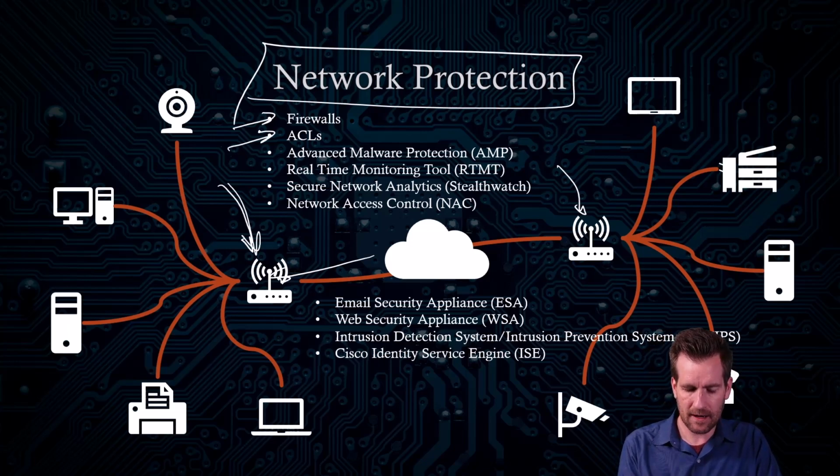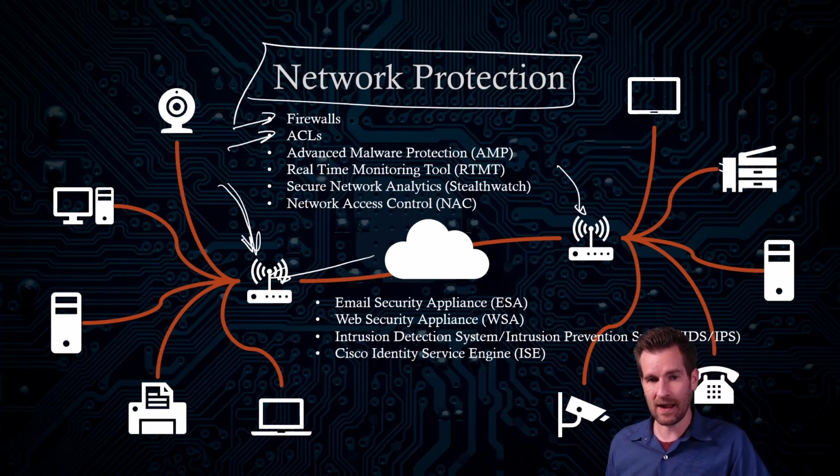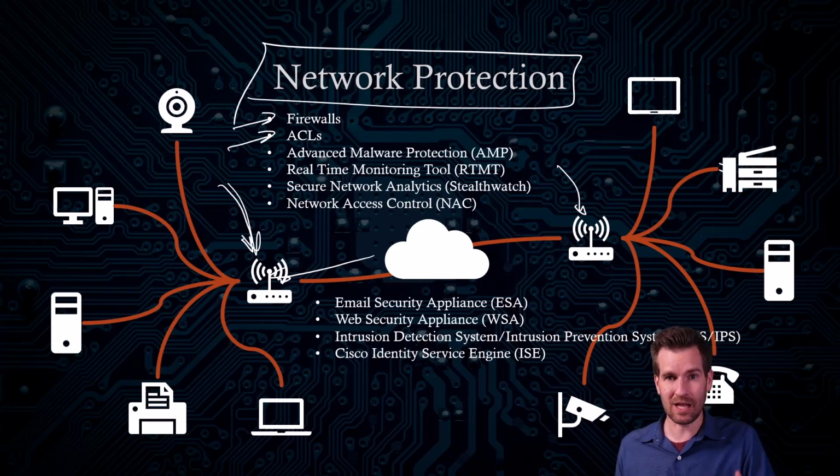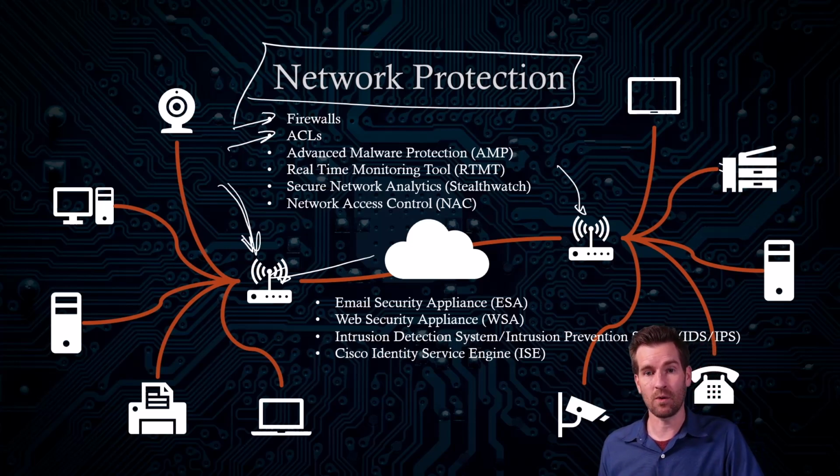And maybe on that firewall we use access control lists, or maybe we don't have a firewall, we just have a router and we need to implement some access control lists on that router. Or perhaps we have a layer 3 switch and we need access control lists to block certain traffic between our VLANs. So we will definitely get more into that.